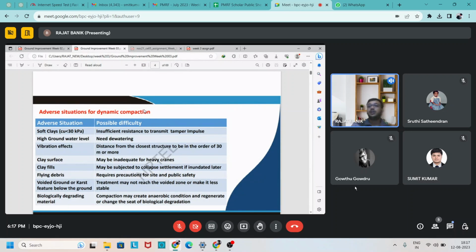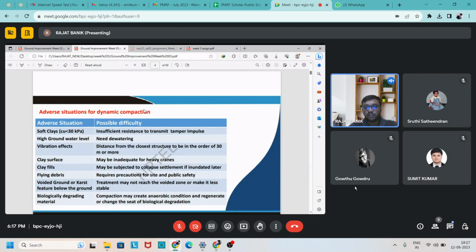When we drop a heavy weight, 4 to 10 tons, from 10 to 40 meters height, quite heavy energy is transferred to the ground. Due to this heavy energy, vibration is created, and if there is a structure at a close distance, it may collapse or be damaged.